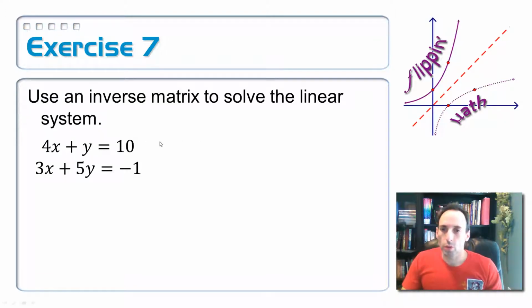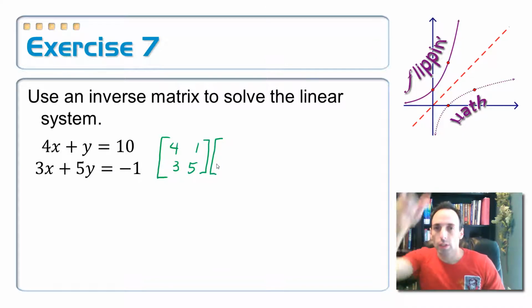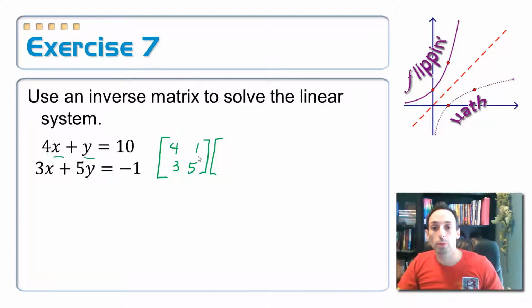So in another lesson, we learned how to write this as a matrix equation. It goes like this. First, I need the coefficient matrix. So the coefficient matrix would be a 4, a 1, and on the next equation, a 3 and a 5. This would be multiplied times just a 2 by 1 matrix, the x and the y, the two variables that we have, x and y.